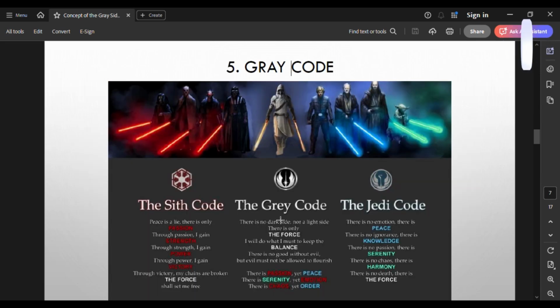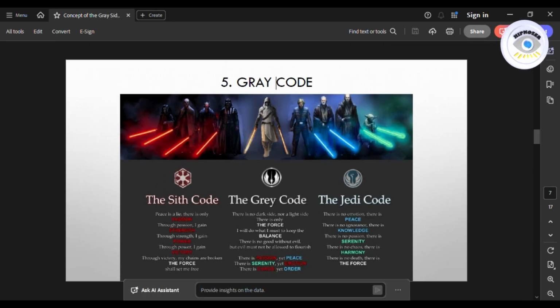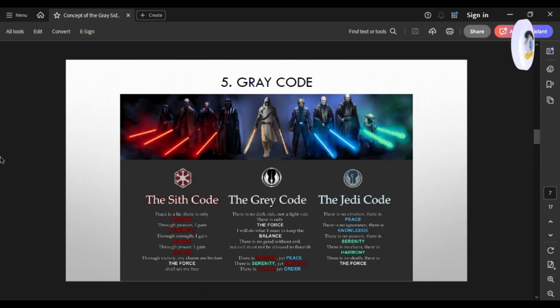Okay, now let's compare the codes of all three sides of the Force. The Sith code values passion, strength, power, victory, and those kinds of values. But the Jedi code, at least on paper, values peace, knowledge, serenity, and harmony.